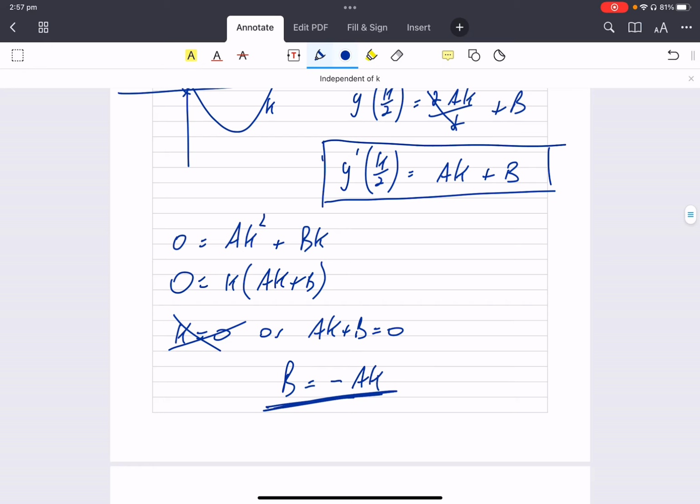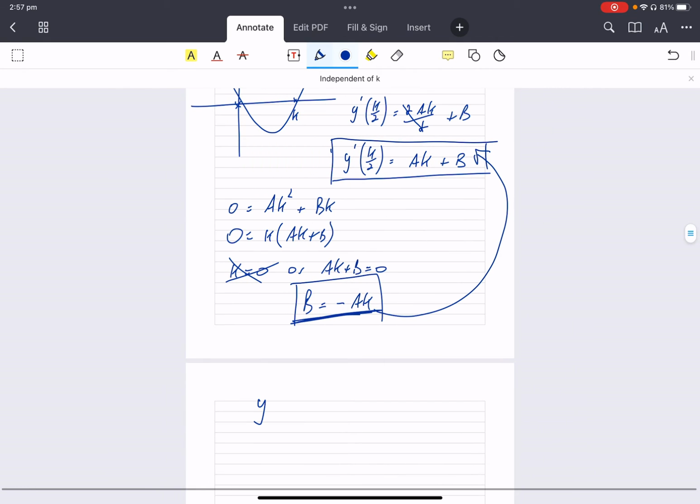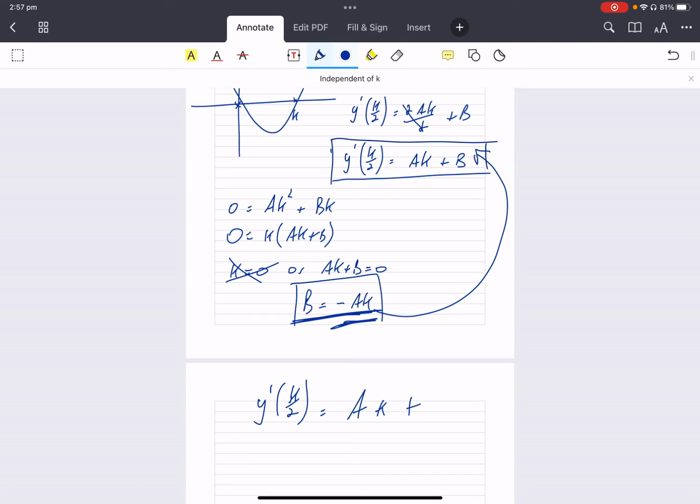So let's pop that into that b, and we will go y dash of k on 2 equals ak plus b. b is minus ak.